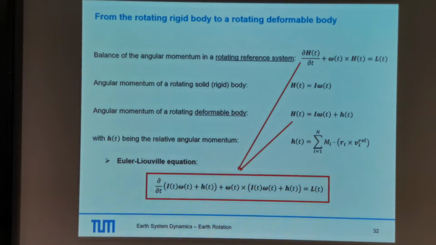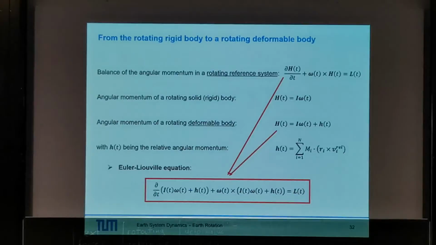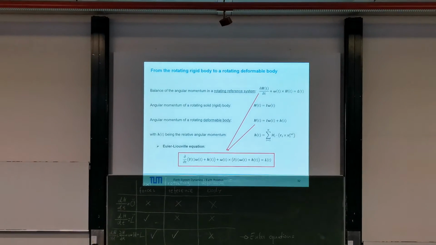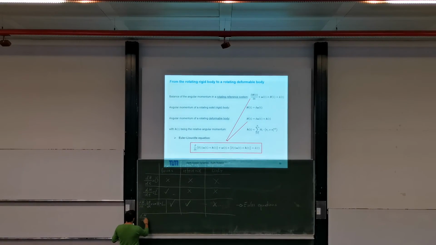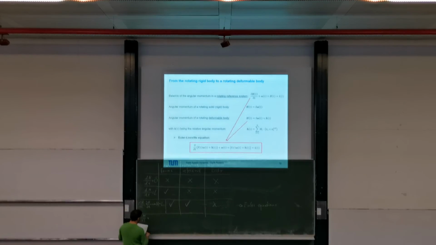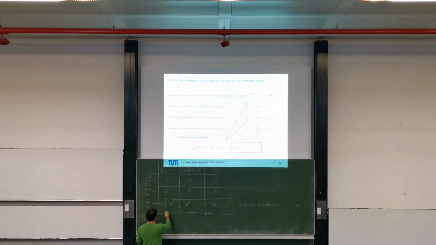So please note, since I made a mistake here, we have the Euler-Liouville equation. I cannot write it since the space is not enough. And now what did we do?